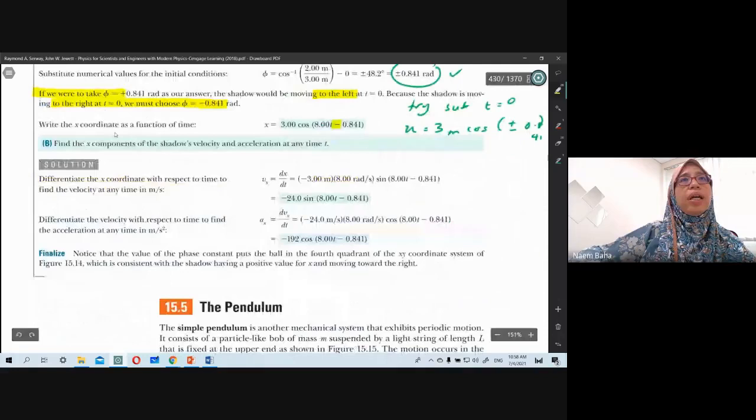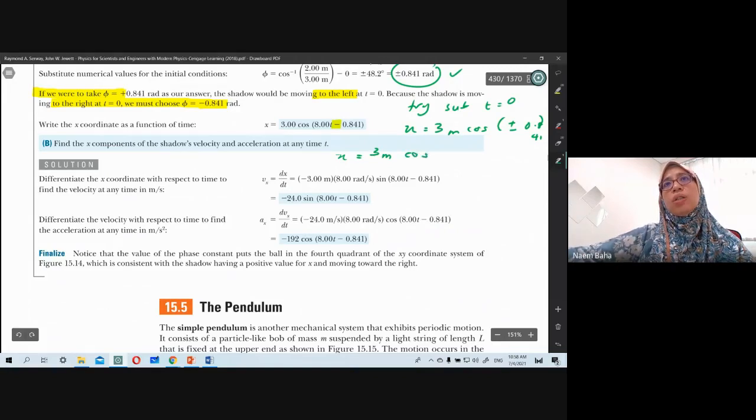Let's look at the next question. Find the x component of the shadow velocity and acceleration at any time. Have a look again at the x expression. x is 3 meter cos of 8t minus 0.841. You do dx over dt like what they did just now.